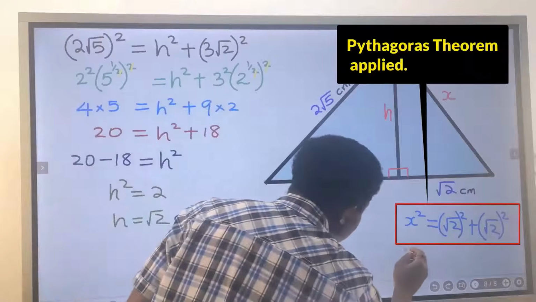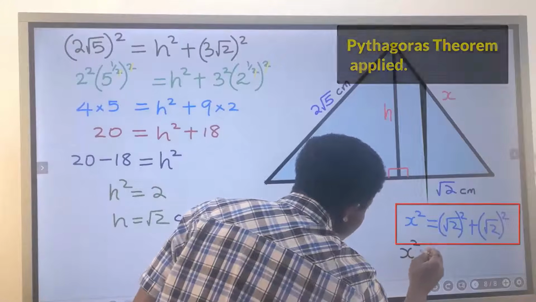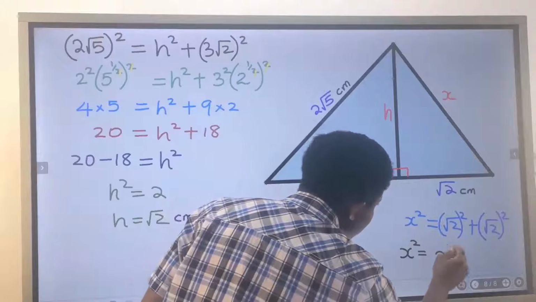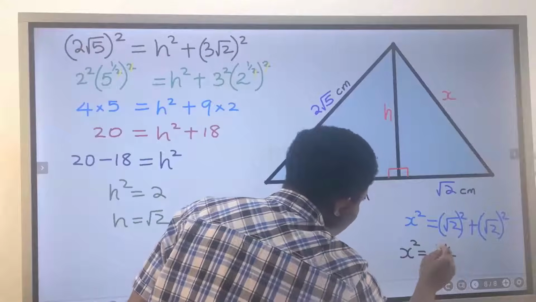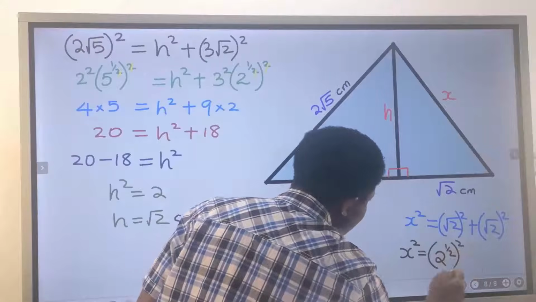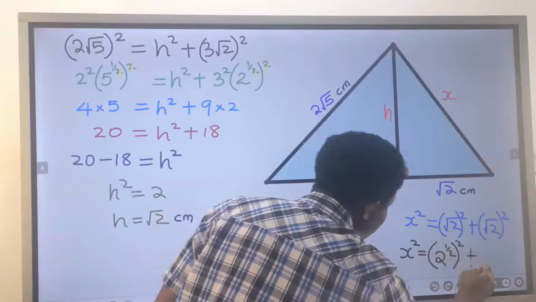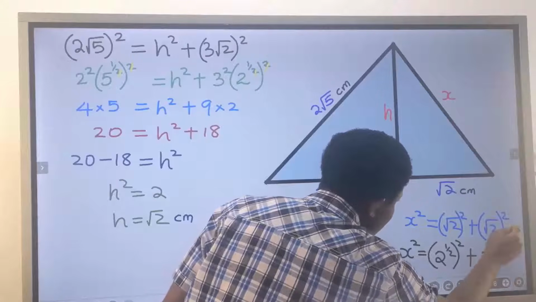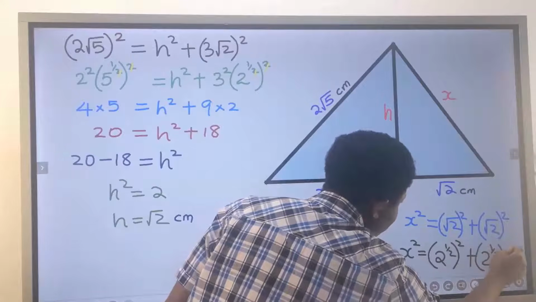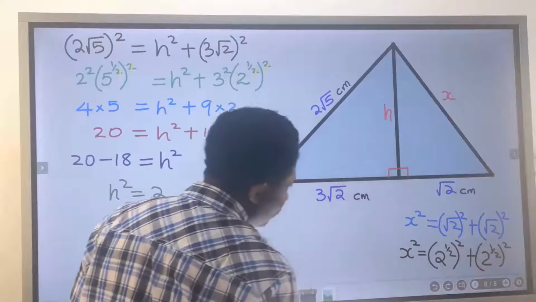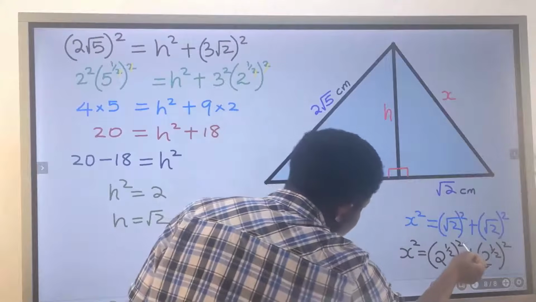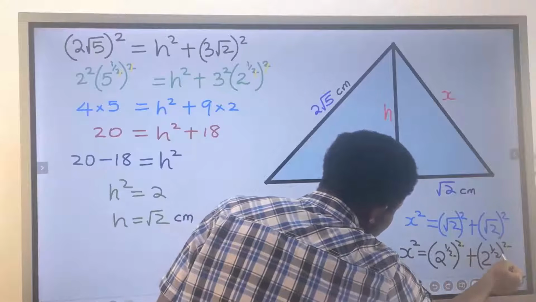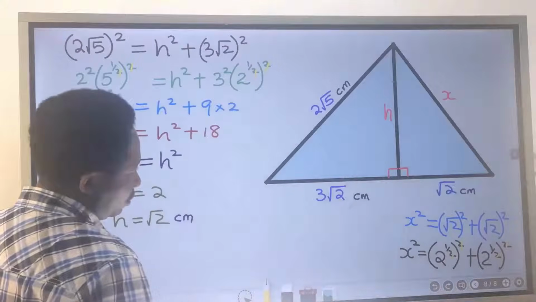Next, this is x squared. The square root of 2 is 2 to the power of 1 over 2, and we have a square outside, plus this is the square root of 2, and here we have a square at the top. Next, this 2 we take away this 2, and this 2 we also take away this 2.